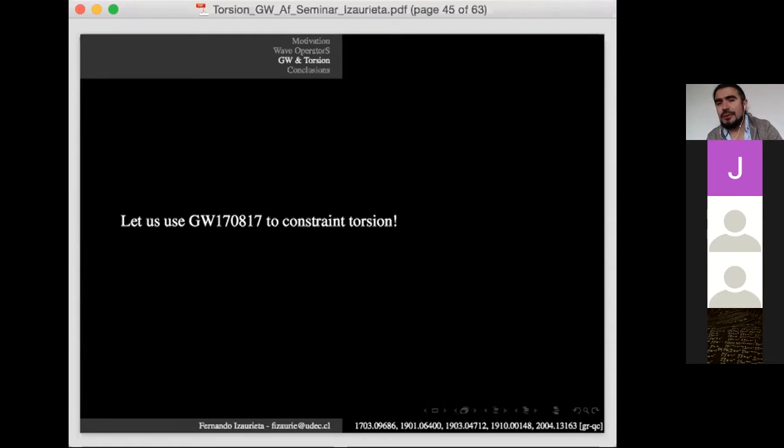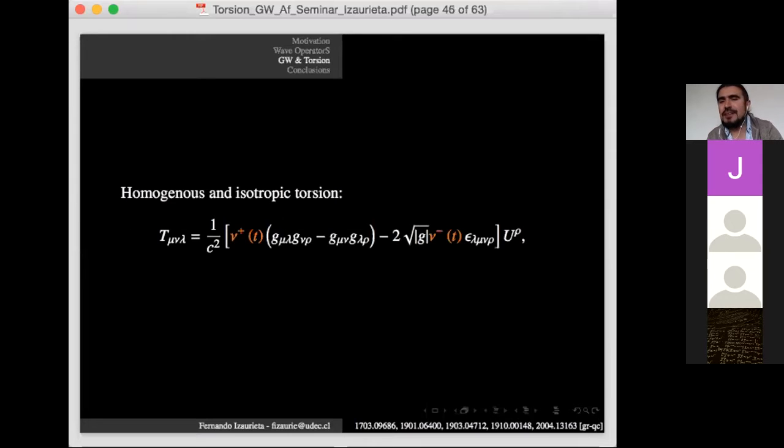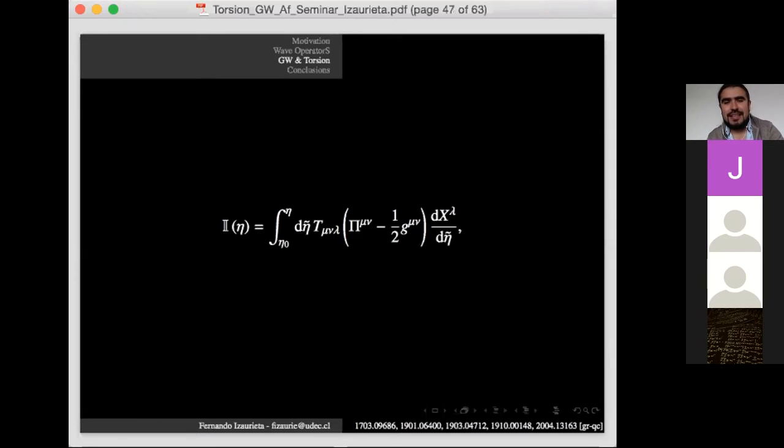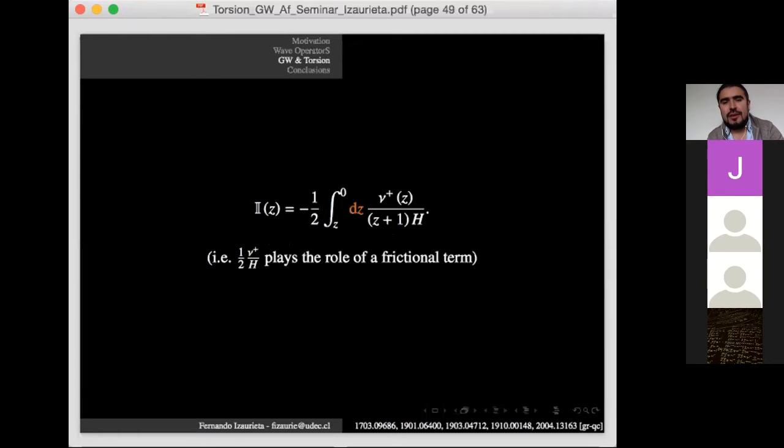For instance, if you use the multi-messenger event from 2017, you can use it to constrain a bit one of the components of a homogeneous and isotropic torsion, and you can make that exercise. The integral we had before, in this case, reduces to this component of torsion, or this in terms of the redshift.